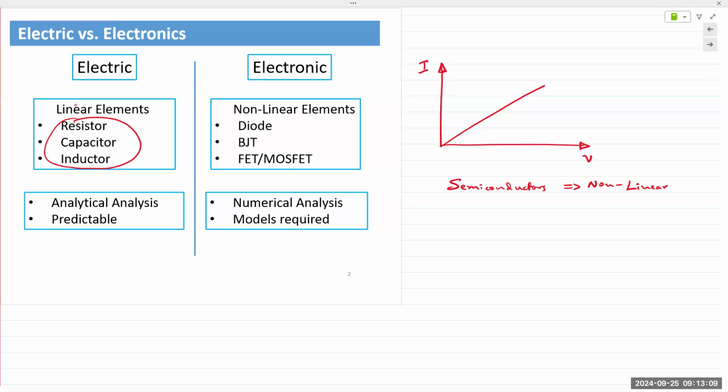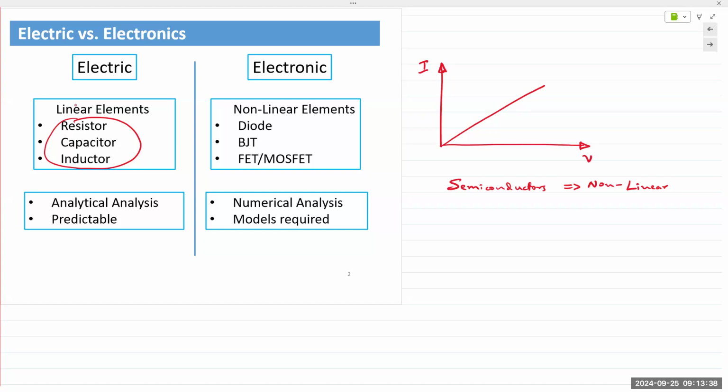Now, the analysis techniques that you learn are mostly analytical. Okay, analytical means they have exact solutions. You have Ohm's law, for instance, for a resistor, V equals IR. Barring any large variations in temperature or pressure or any other physical quantity like that, the Ohm's law equation is valid.